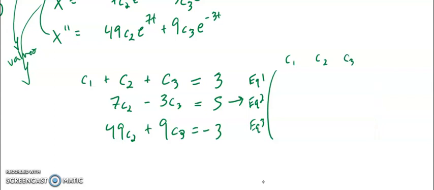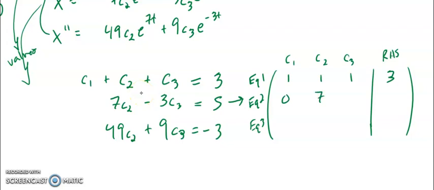I'm going to put a bar, and then I'm going to put the right-hand side. You can see that this first equation has C1, so I'm going to put a 1 for that coefficient, a 1 for the next one, a 1 for that one, and a 3 for this one. Next one, there is no C1 coefficient, so I put a 0. Then I put a 7, and then a -3. The 5 is the right-hand side.